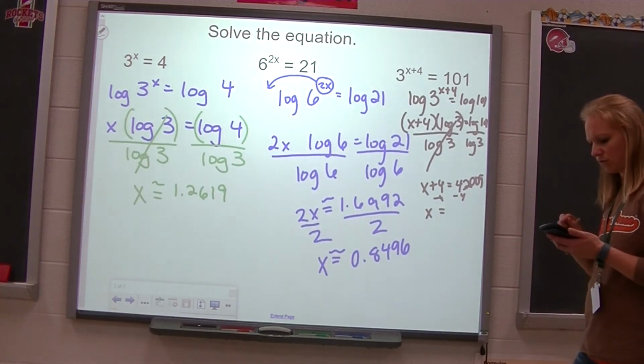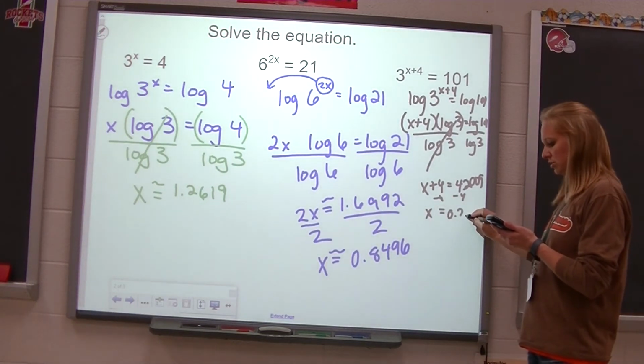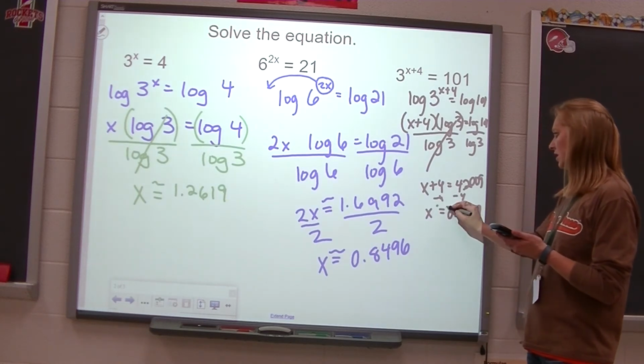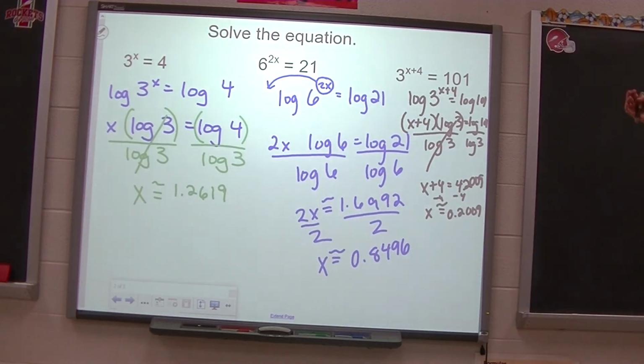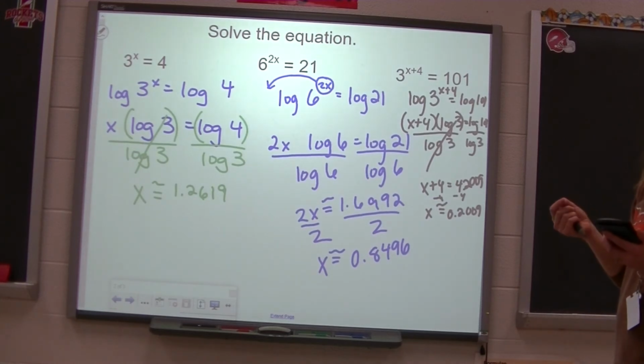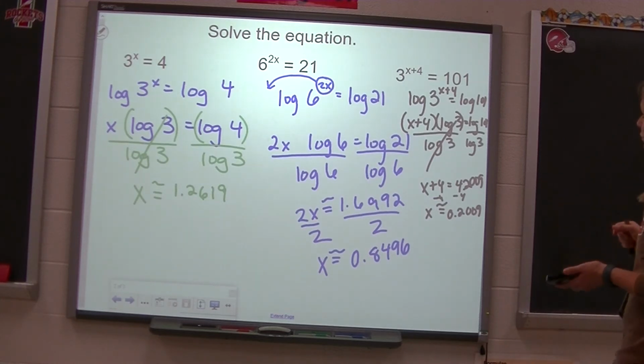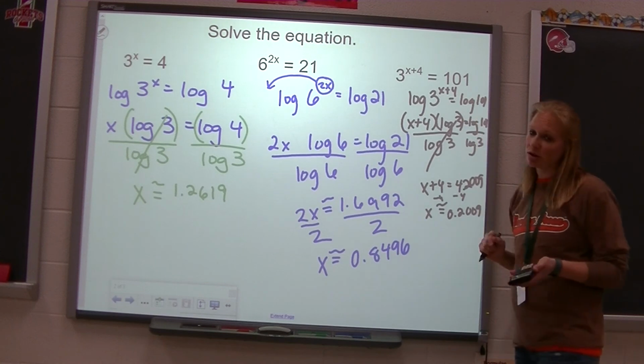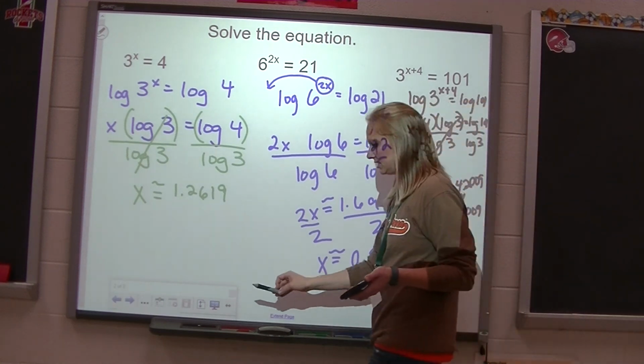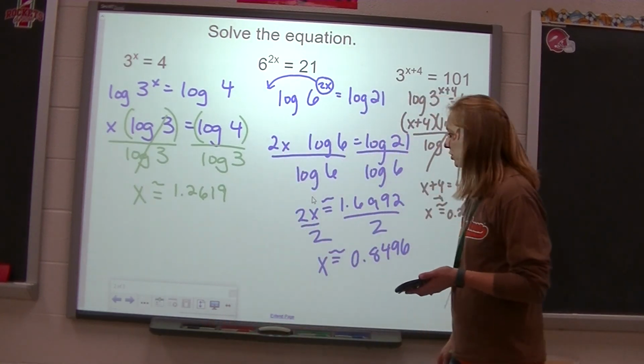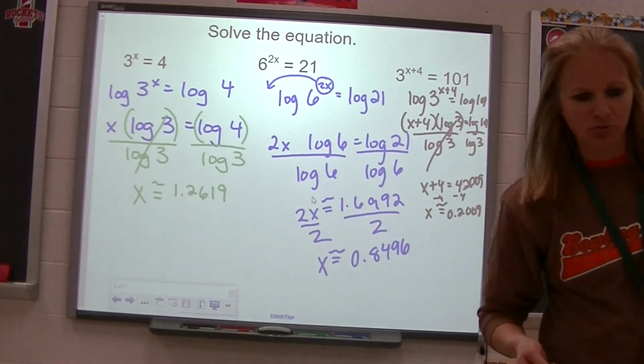So this minus 4 is 0.2009, again, about. So if I plug that in, 3 to the 4.2009 power is 101.00402. Again, really darn close to 101, just not 101 exactly, because I rounded that decimal point. Okay, so that's what you need to do here.